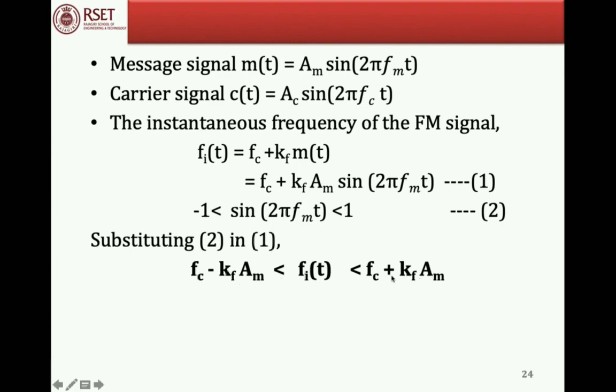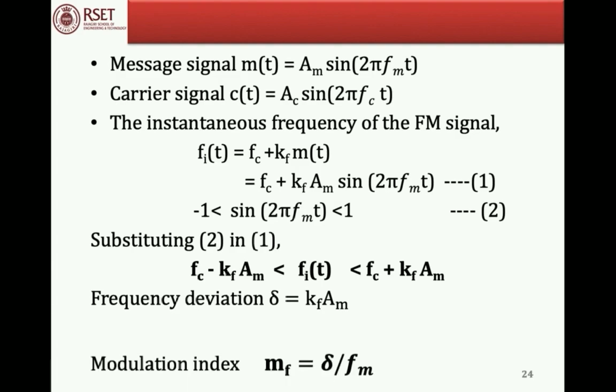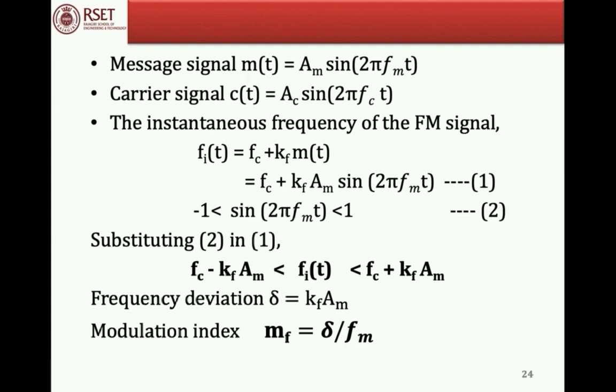From this we can say that the difference of frequency of the modulated wave from the carrier wave is Kf Am, which is called the frequency deviation of FM, delta. For frequency modulation, the modulation index is given by MF = delta / fm, where fm is the frequency of the message signal.